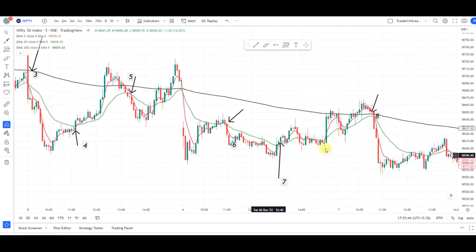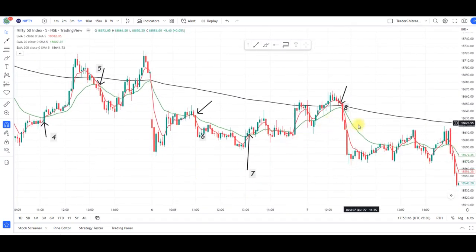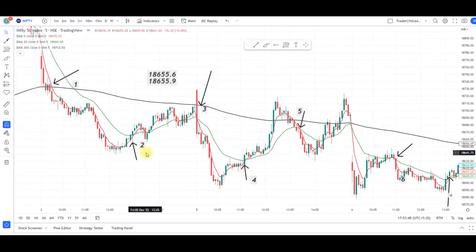We got 8 trades till now, but there is not even one stop loss we got. So intraday traders can use this strategy, but before that you can backtest this, and after that you can enter into the live trade.